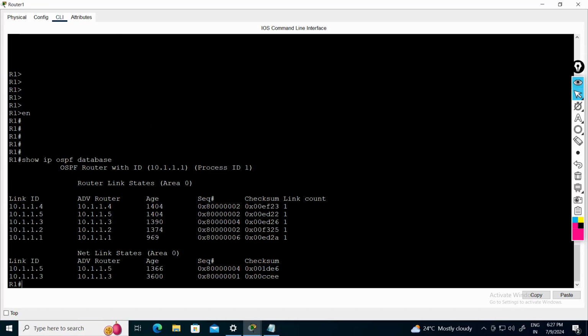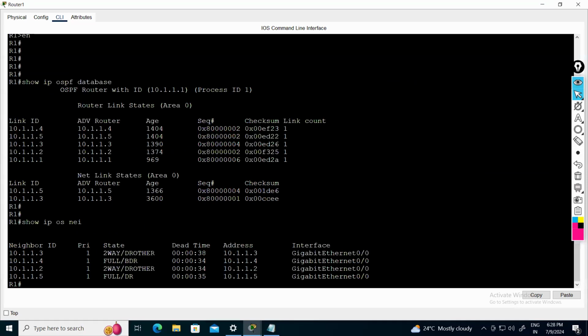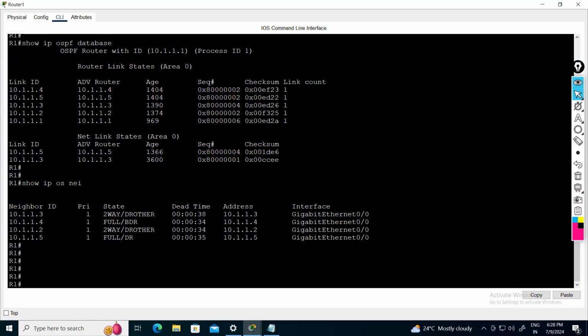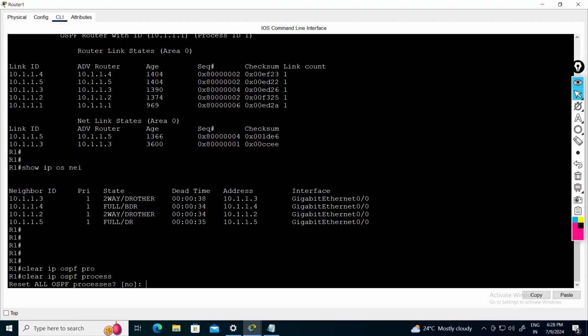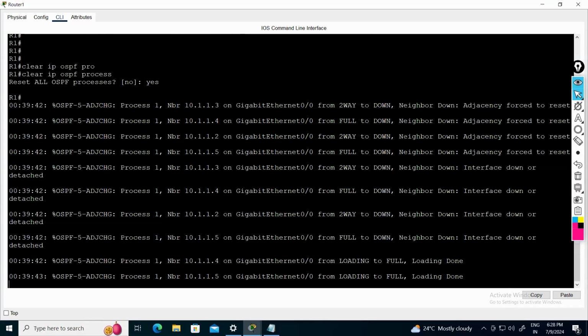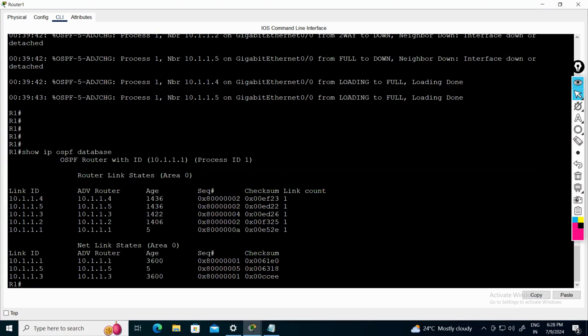How come R3 is becoming DR here? Sometimes Packet Tracer will create issues.